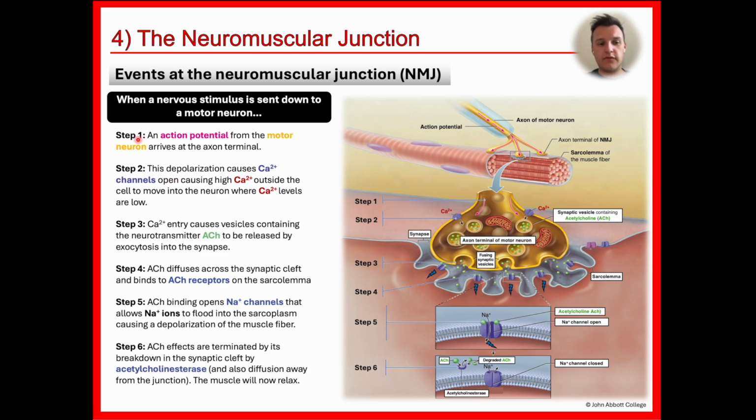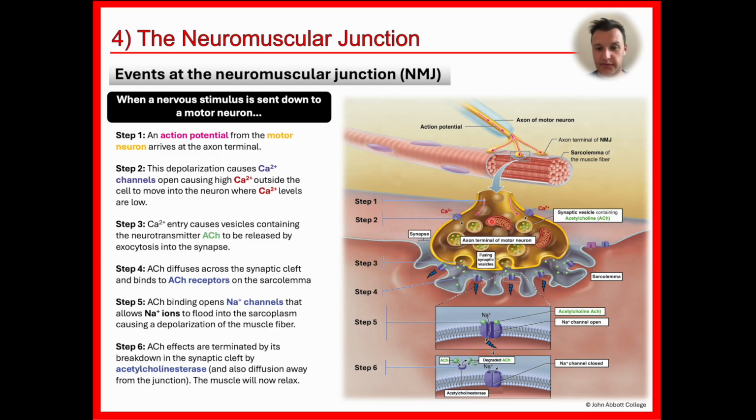So over here, step 1, an action potential from the motor neuron arrives at the axon terminal. So you see it, this is the axon of a motor neuron coming from the brain, and it arrives at these synaptic terminals, right? At the axon terminals of the neuromuscular junction.